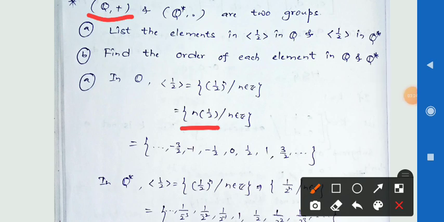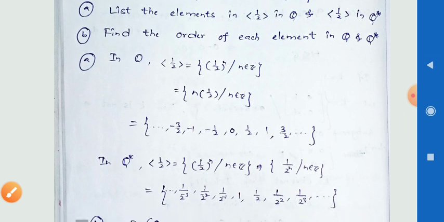Substituting these values, we get the set ..., minus 3/2, minus 1, minus 1/2, 0, 1/2, 1, 3/2, ... This is the set of elements generated by 1/2.